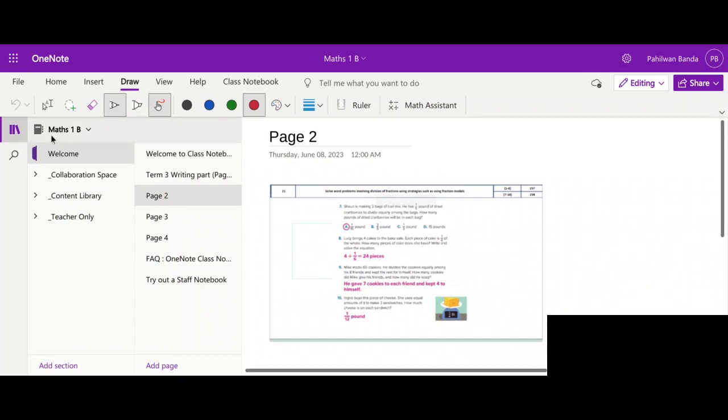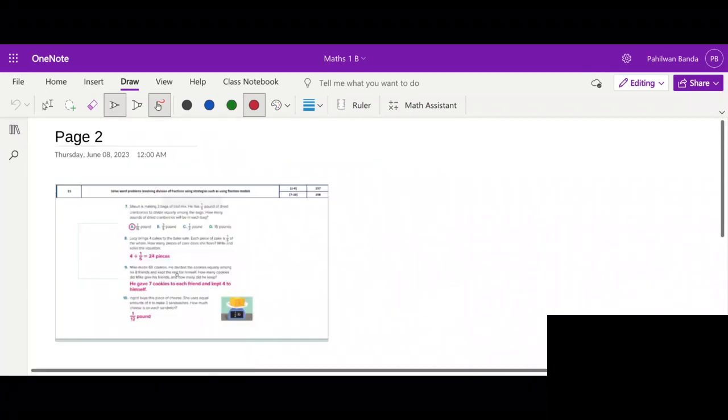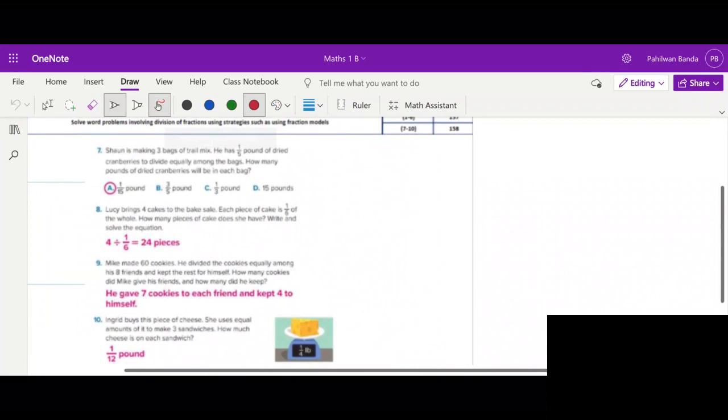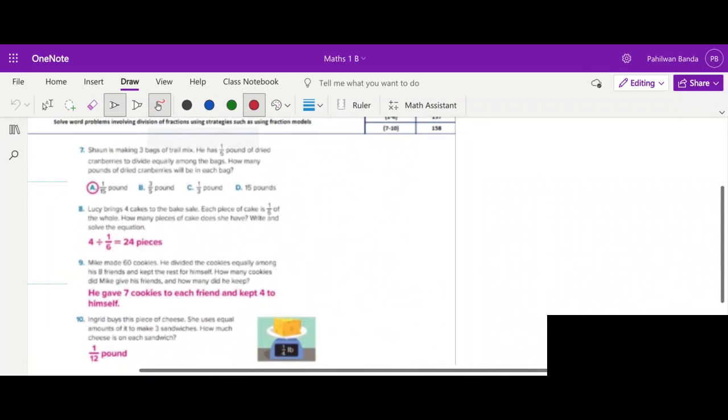Now in page 2, what type of questions do we have? It's almost similar questions. Now Shaun is making 3 bags of trail mix. He has 1/5 of a pound of cranberries to divide equally among the bags. The moment you hear this equally, now this 3 gets divided by 1/5.